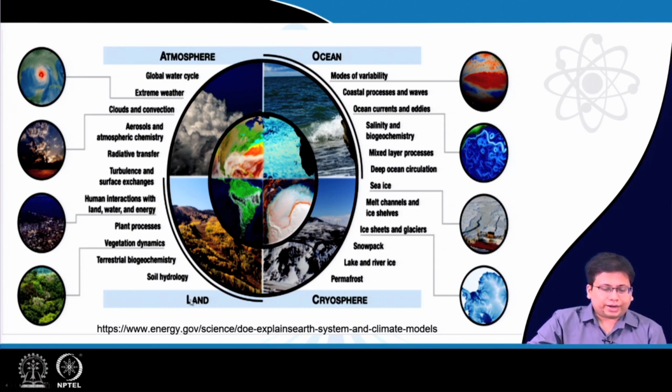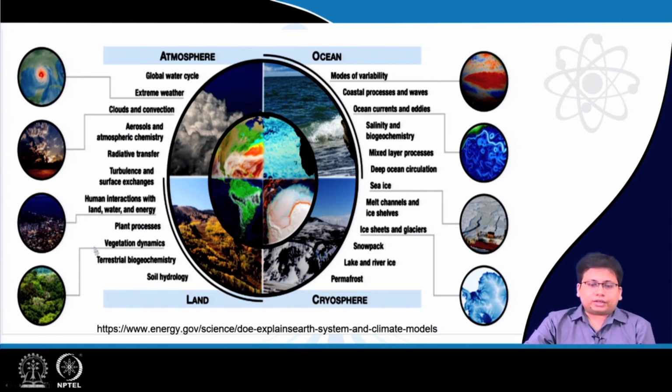Similarly, for land we have the soil hydrology models, vegetation dynamics models, plant process models, human interaction models. For ocean also we have ocean current and eddy model, salinity model, sea ice model. Similarly for the cryosphere, the ice based models are like the glacier models, ice sheet models, etc.